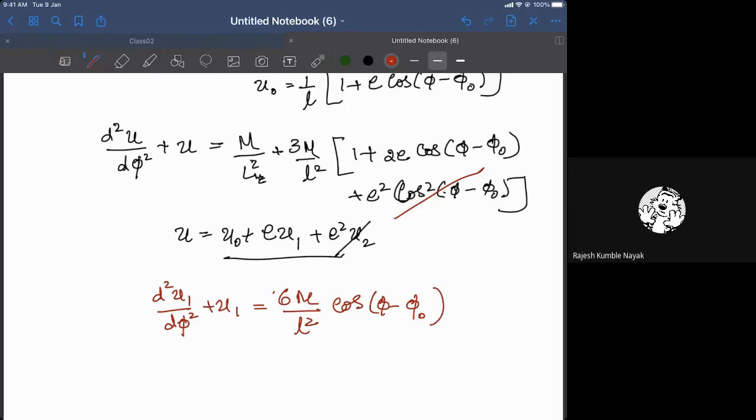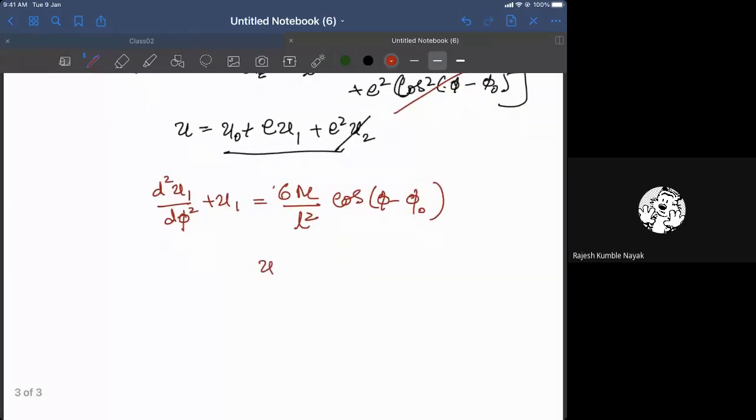You can solve this, and here you can readily get the solution 3m e by L square into phi into sin of phi minus phi naught.